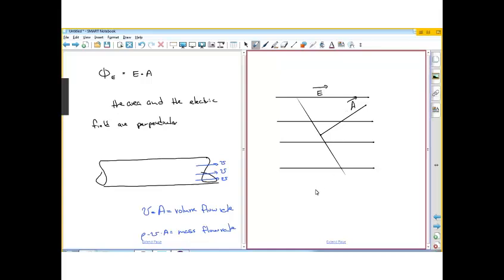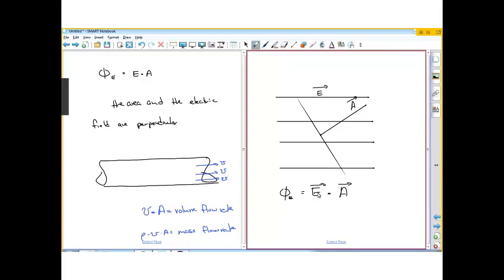From a vector standpoint, we take what's called a dot product of the electric field vector and the area vector. The flux is not a vector. The electric flux is the dot product of the electric field vector and the area vector. When you do a dot product, you get a scalar. The dot product of two vectors gives a scalar.